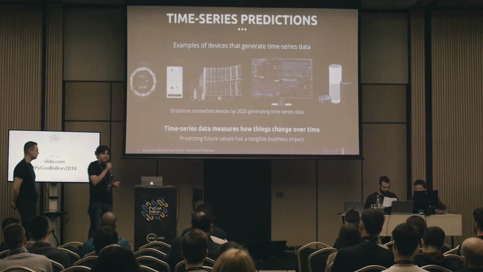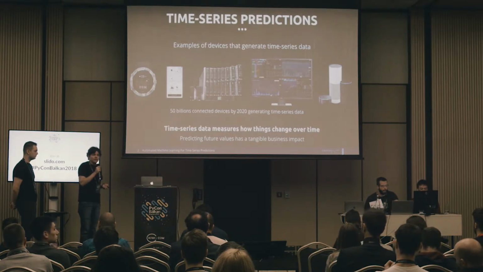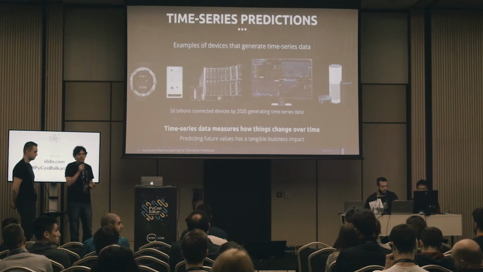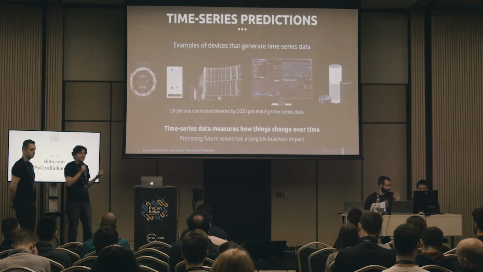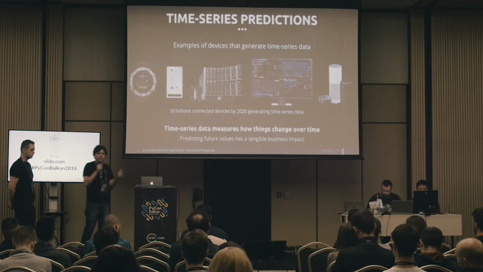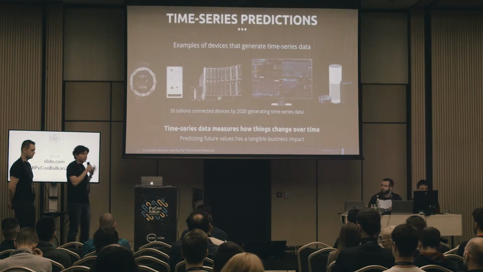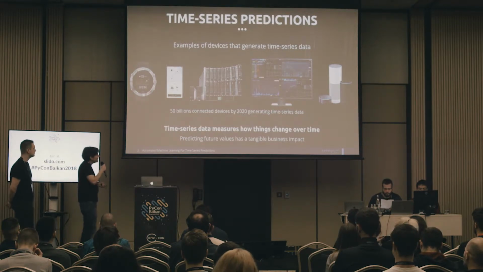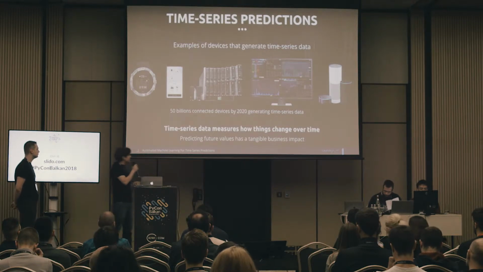And there is an estimate that by 2020, there will be 50 billion devices worldwide generating real-time time series. So most of this is driven by Internet of Things. So small devices embedded all around us, sensors in buildings, smart buildings, things like that are generating real-time data. So time series data measure how things change over time.